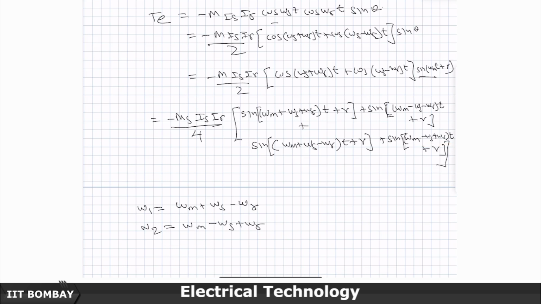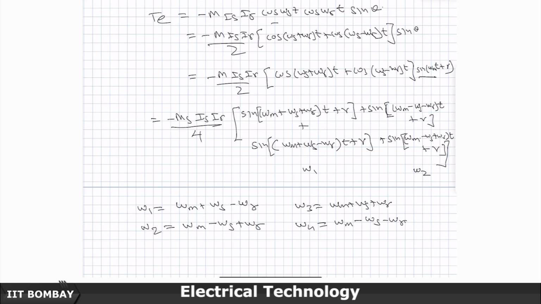So, this one is going to be omega_1, this one is going to be omega_2, and now you can see where omega_3 and omega_4 come into the picture. So, this term here, omega_3 is going to be omega_m plus omega_s plus omega_r, and omega_4 is going to be omega_m minus omega_s minus omega_r. If you look, this is omega_3 and this is omega_4.